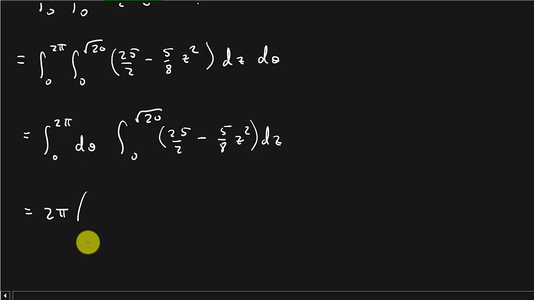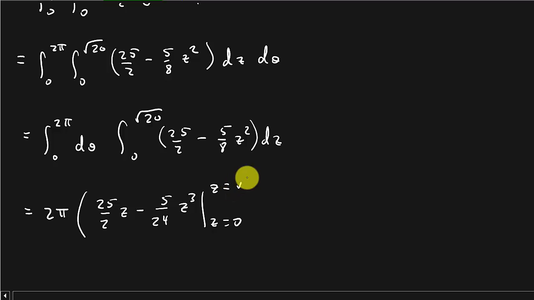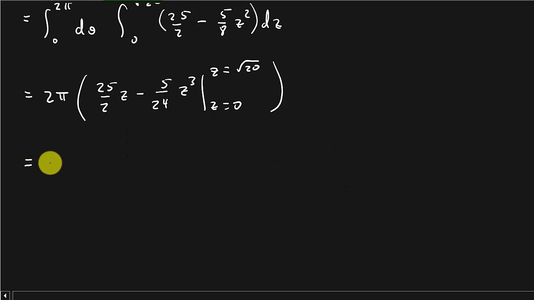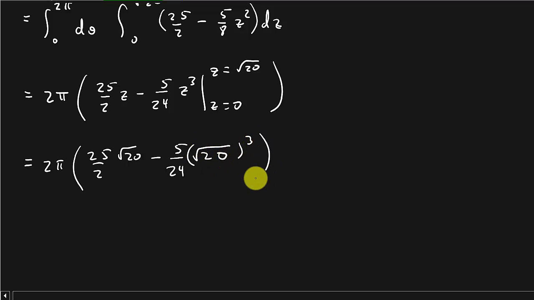All right, and then this is going to be times 25 over 2 z minus 5 over 24 z cubed, z equals 0 to z equals square root of 20. All right, and so that's going to give us 2 pi times 25 over 2 square root of 20 minus 5 over 24 square root of 20 cubed.